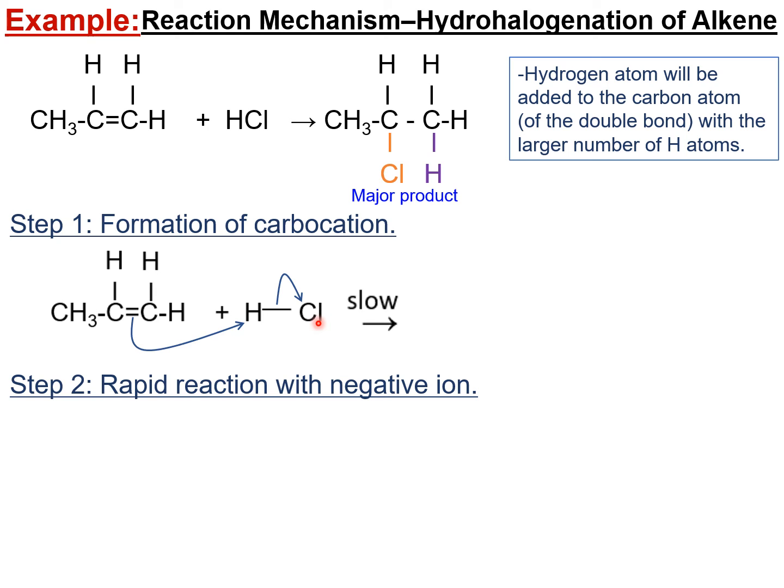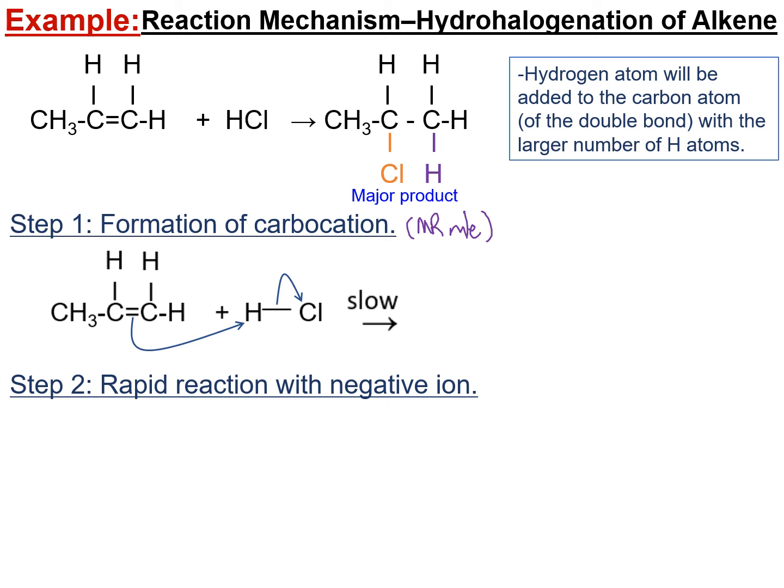Alright, so bila double bond dia attack this hydrogen, akan ada satu carbon double bond ni yang akan receive hydrogen atom, akan ada satu lagi carbon yang akan dapat jadi carbocation. In this case, bila nak buat formation of carbocation, please remember about Markovnikovs Rule.